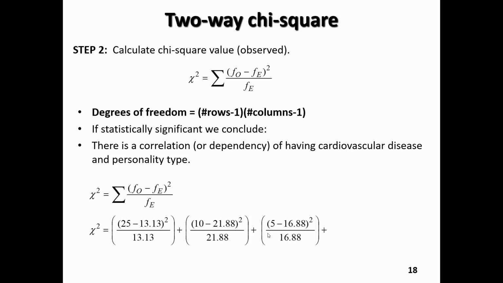We move down into the second row, and that first cell in the second row is a 5 subtract 16.88. Likewise, the right-hand cell in the second row is a 40 minus 21.13 squared, and we divide it by 28.13, and then we add up all those data, and we get our test statistic of 30.56.